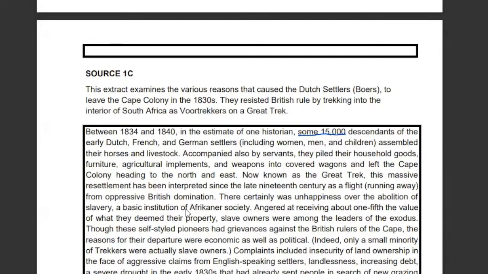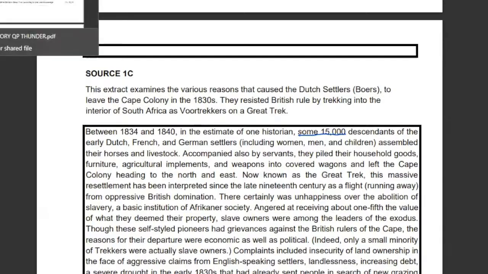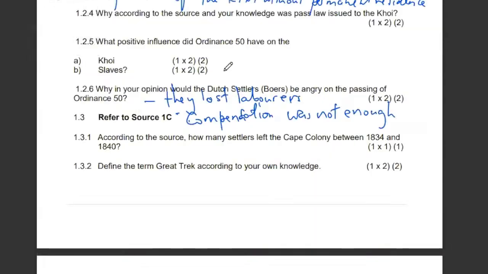So, according to the estimate, there were around 15,000 of them who chose to trek between 1834 and 1840. So we can see that it was quite a big number who moved away from the British in the Cape as the Great Trek, trying to establish a new territory where they would assemble themselves and rule themselves independently from the British.